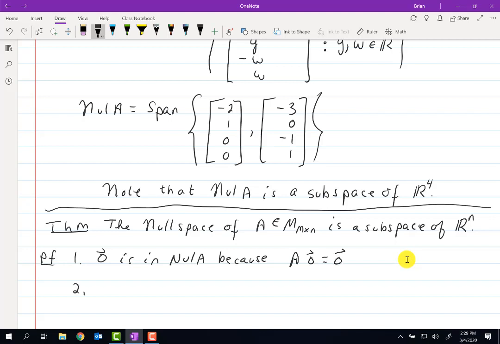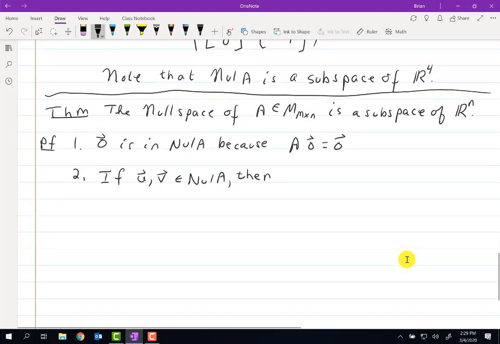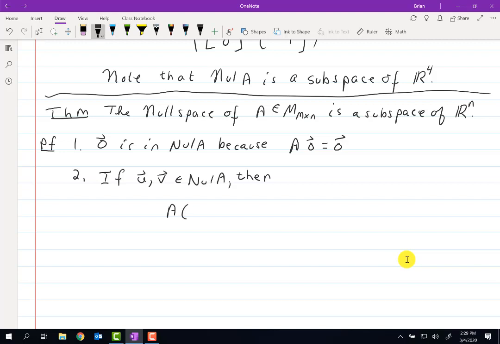For part 2, if U and V are in null A, then A times U plus V, I'll use the distributive property that holds for matrix multiplication. Well, each of those things is the 0 vector, and when you add the 0 vector together, you still get 0. So this implies that U plus V is in null A.